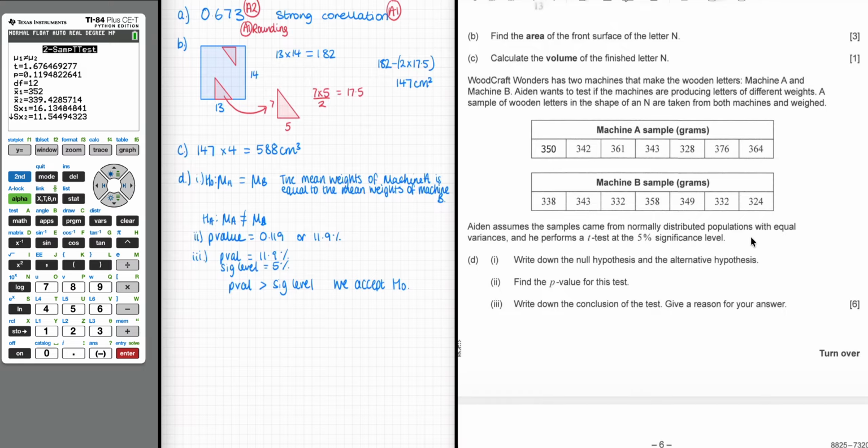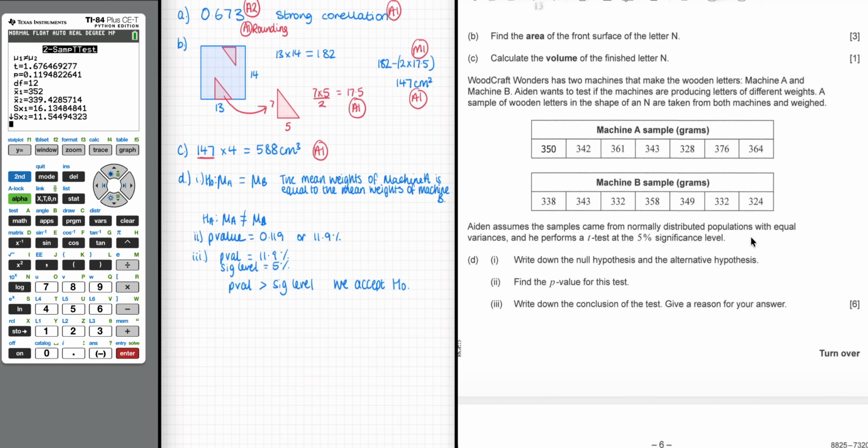The next part of the question, there was 1 mark for correctly working out the area of the triangle. There was a method mark for working out that you needed to subtract those triangles from the overall rectangle, and then there is an answer mark there as well. For part C, it was 1 mark, and it was just for timesing it by 4. If you had times your answer rather than 147, then you would still get that mark.